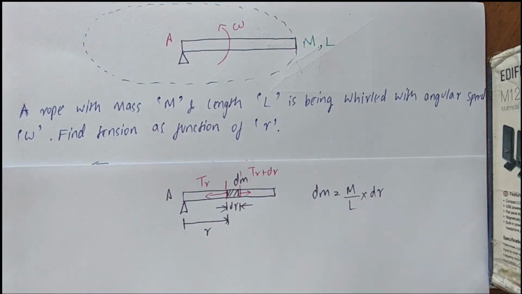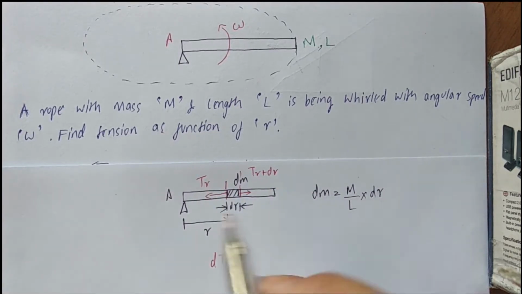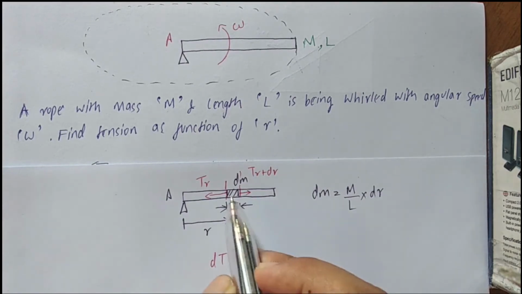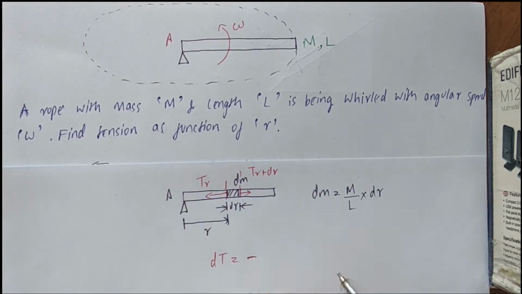Now this small elementary tension, if you subtract these two, then you'll get an elementary tension which is acting in this direction, because the centripetal force will be acting towards A. So the sign of this centripetal force will be negative in this direction, which is equal to dm omega square r.